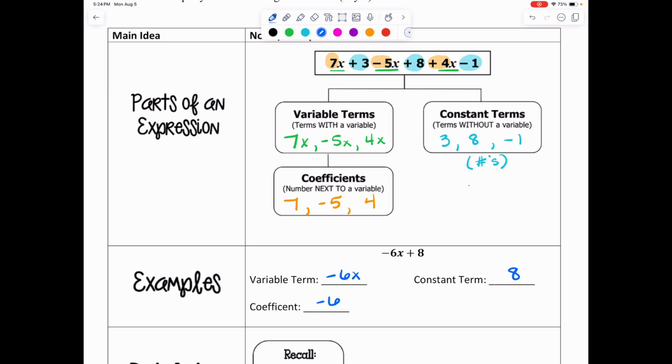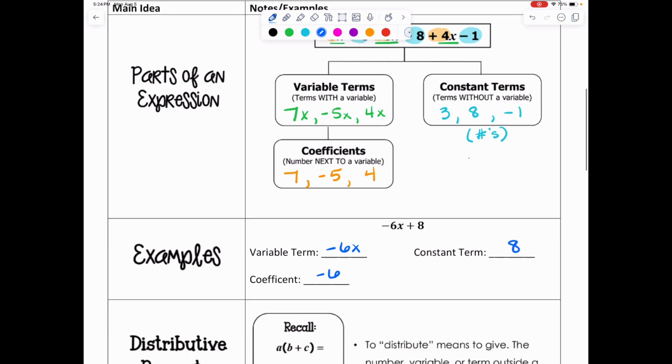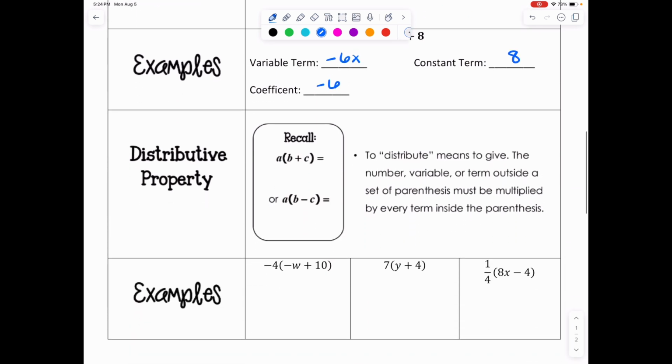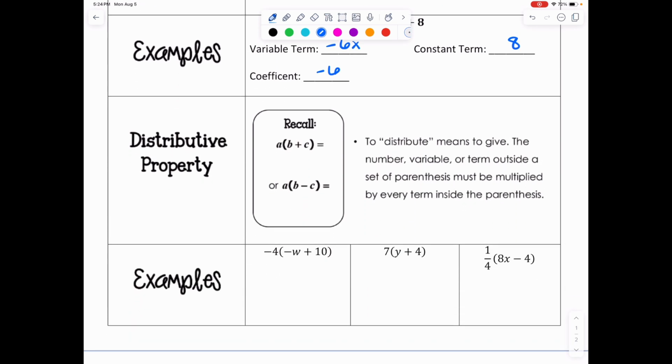So hopefully you're feeling okay with the parts of an expression vocabulary. Now today we're going to review 2 things from the past that are going to be helpful in our upcoming chapters. You'll see these skills used over and over again. Our first one is the distributive property. To distribute means to give.